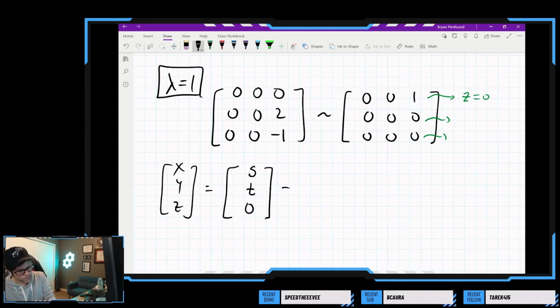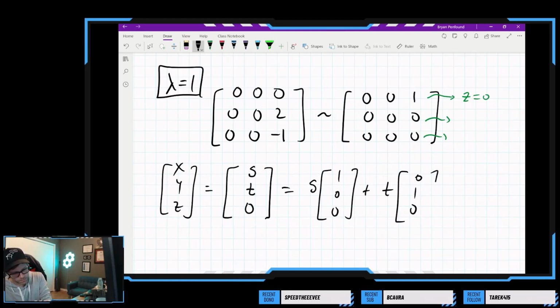And if we factor out the s and the t, we're going to get s times 1, 0, 0 and t times 0, 1, 0. The sum of this linear combination should be x, y, z, according to our lambda equal to 1.